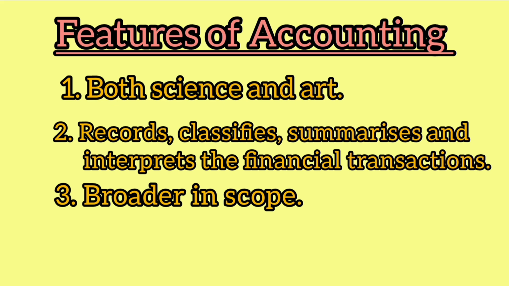The scientific side of accounting ensures accuracy and consistency, while the artistic side allows flexibility and creativity while communicating the information to its interested parties. The third feature of accounting is that it has a broader concept than bookkeeping. I hope the features of accounting are clear.